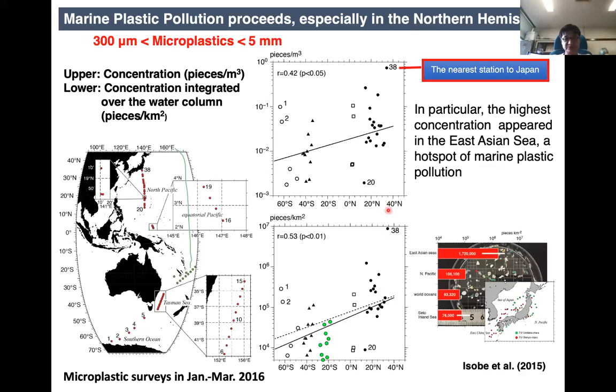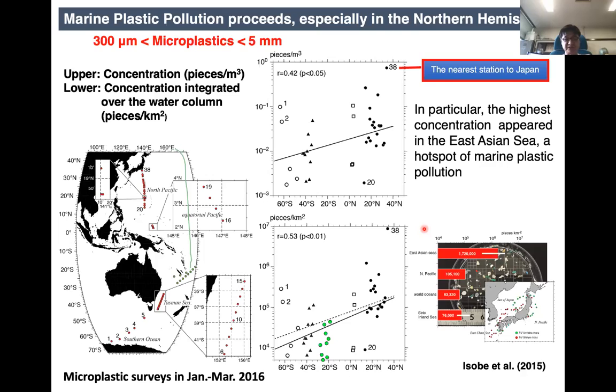And if we move to the North Pacific, East Asian area, the abundance of microplastic increases to a million pieces per square kilometer. So marine plastic pollution is a problem in the northern hemisphere, and especially in the East Asian area.